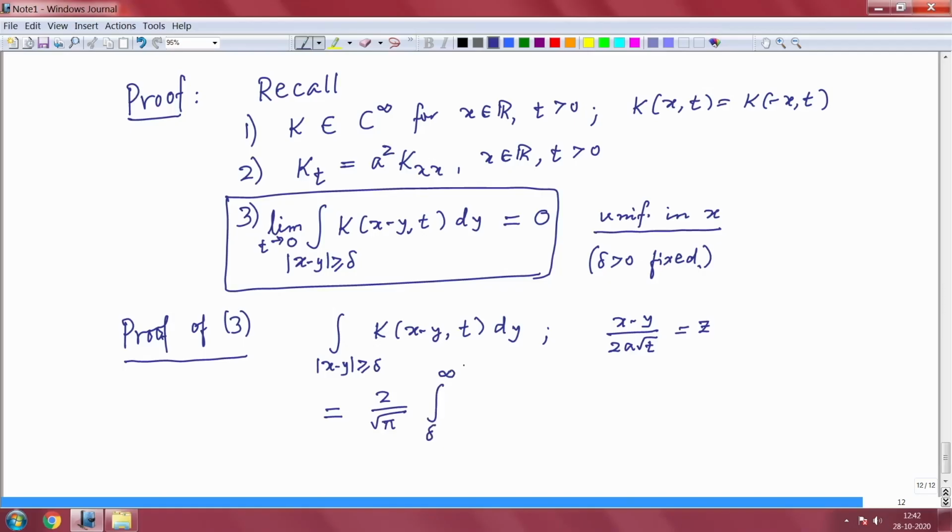There is a portion coming from minus infinity to minus delta and delta to infinity, but because of symmetry we can convert the minus infinity to minus delta integral to a delta to infinity integral, and that is why that 2 comes. It is a very simple one, there is no complication at all.